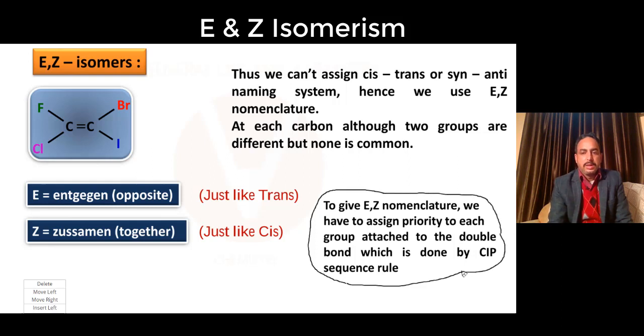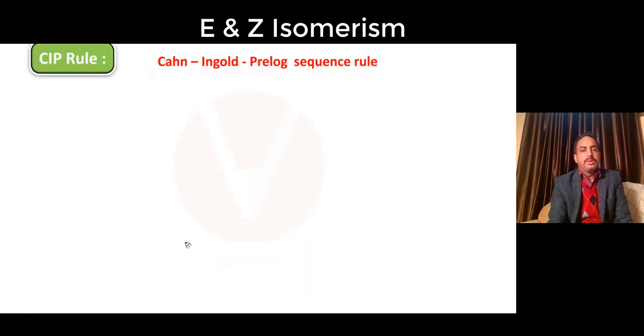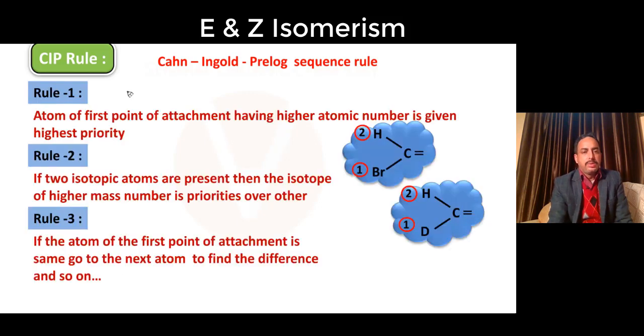by CIP rules. And what are CIP rules? CIP stands for Cahn-Ingold-Prelog sequence rule. CIP rules tell us, first of all, the atom at the first point of attachment having higher atomic number is given the highest priority.